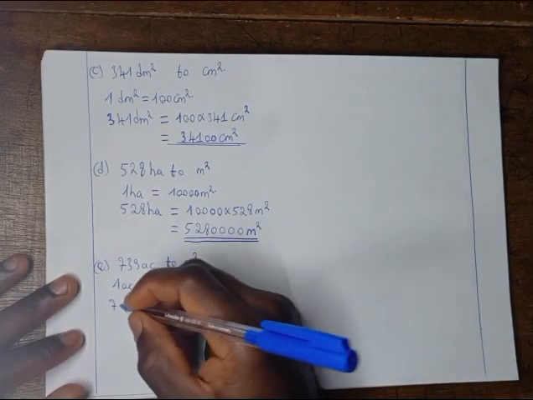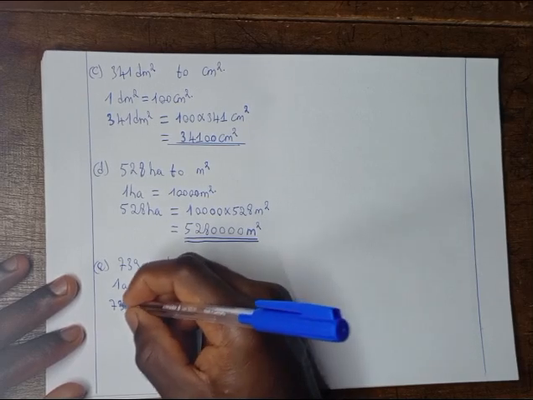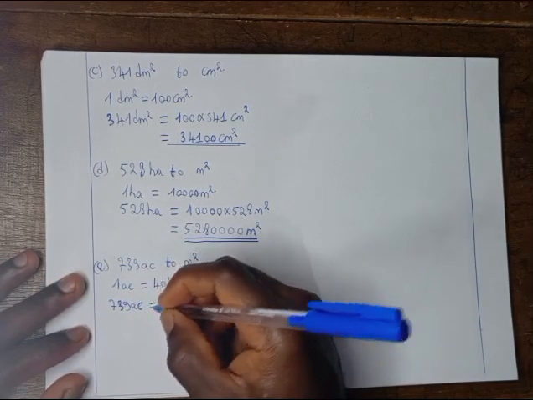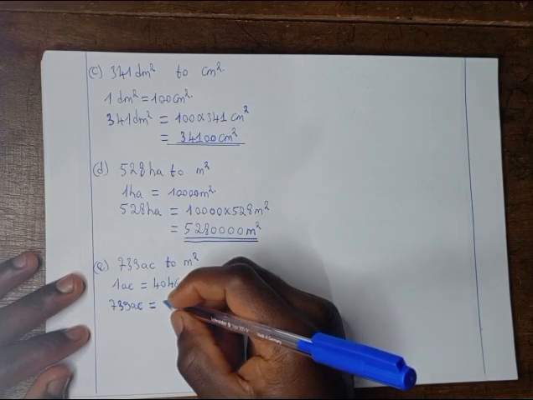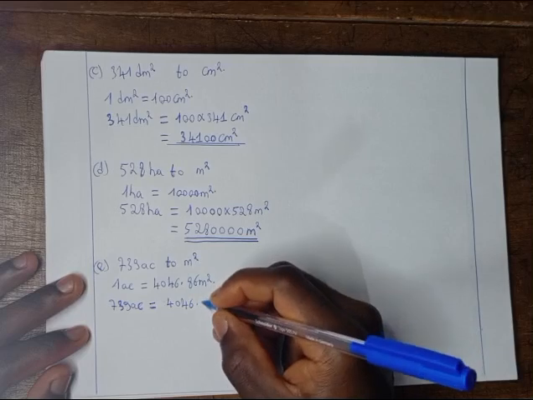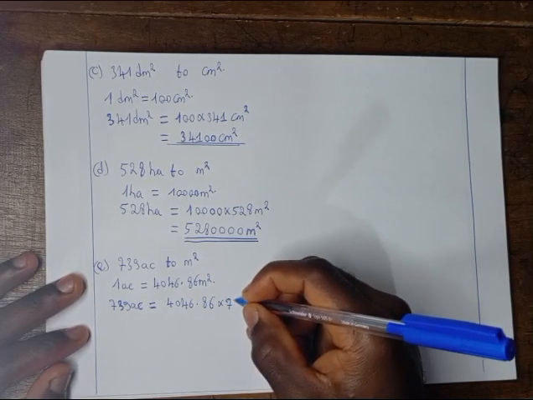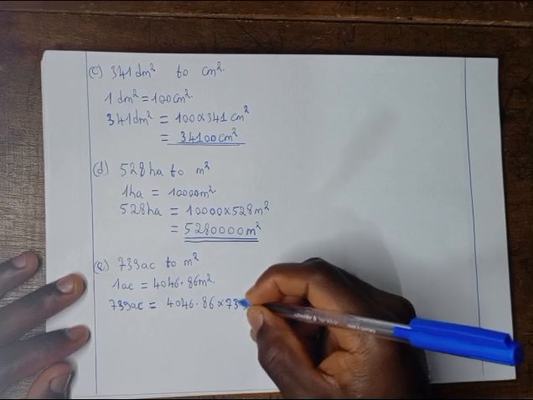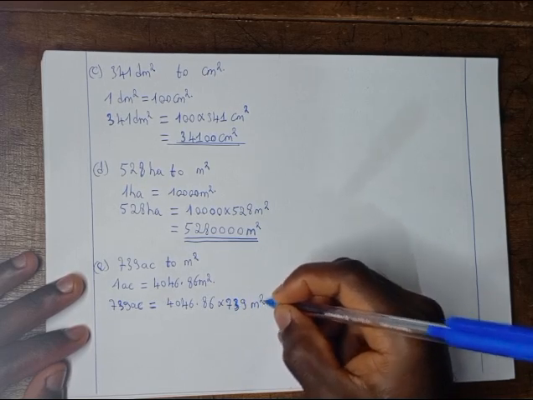Converting 739 acres, this will simply be equal to, we are going to multiply 739 by 4,046.86. Let's multiply this, then the new unit will simply be meters squared.